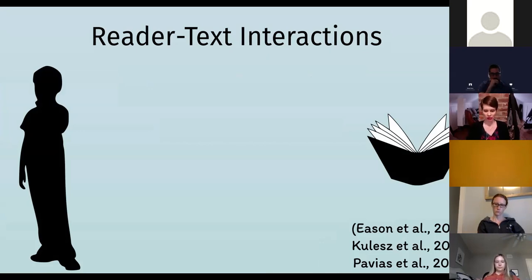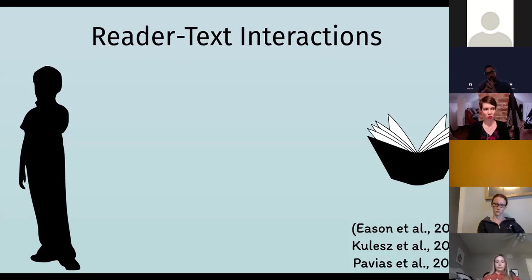So we know that texts differ in terms of their word frequency, which would relate to the type of vocabulary that's included in the text, in terms of syntactic complexity, in terms of the number of cohesive devices that help you to make connections in text. So all of these are potential things that differ. And then as I just showed you, I also make the argument that they differ in text socialness.